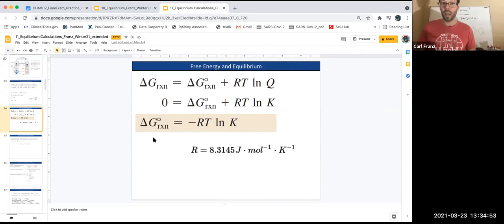That the free energy of the reaction is equal to a negative gas law constant times temperature times the natural log of K. And in this case, we use a different R, or a different gas law constant, because we're not dealing with pressures. So we don't want to have atmospheres in there. We want to use the 8.3145 joules per mole K.